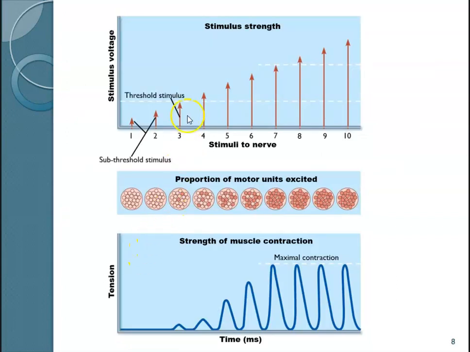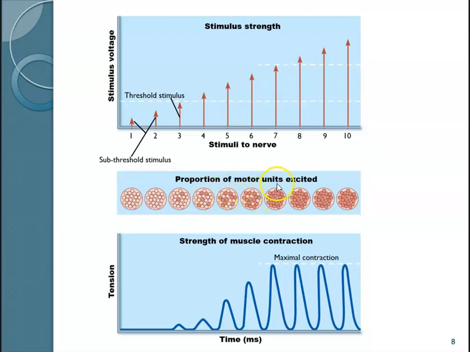Then once we reach threshold, we will have muscle fibers that are innervated, okay, and we will produce a tension. We keep increasing the stimulus voltage, the stimulus strength. We're going to have more motor neurons being stimulated, or more muscle fibers being stimulated, so more motor units are being recruited, right?